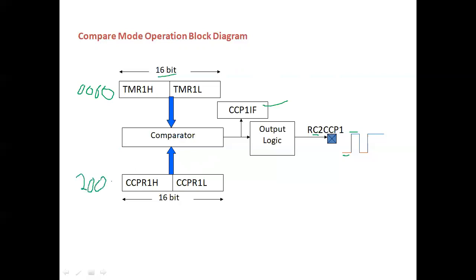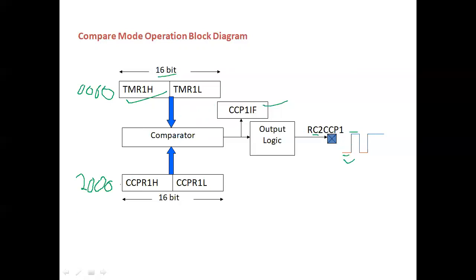That means when the timer is on and the CCP module is programmed in compare mode, when the Timer 1 value becomes 2000, it will set the CCPIF flag and drive the RC2 pin to either active low or active high depending on the mode selection bits. So this is useful for generating an external timing signal through the RC2 pin.